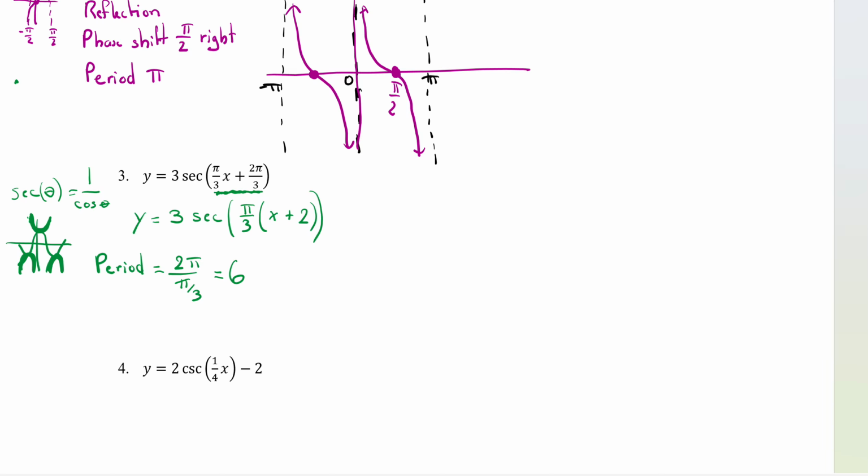And I have an amplitude. Let's notice that too, so I know how long to make my axis here. Amplitude is 3, and the midline is at 0, so that's not changing.